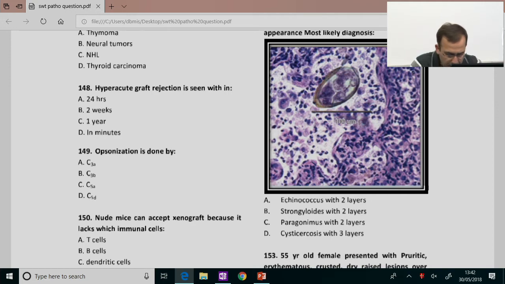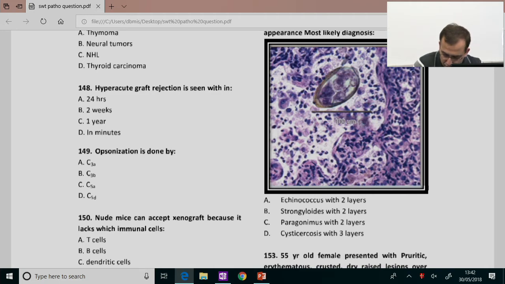It is showing the presence of a paragonimus egg with 2 layers. You are able to make out the 2 layers. This has to be remembered. This is a factual question. This is what it looks like, paragonimus with 2 layers.